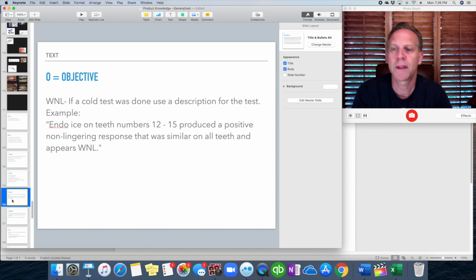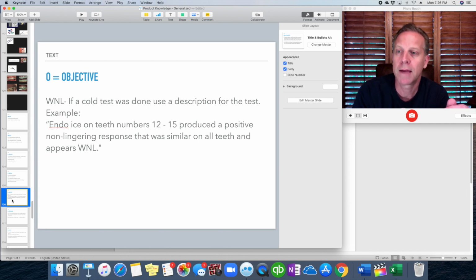Objective. Further, some more on that. If we test something and that particular test is within normal limits, we don't just say within normal limits or WNL. We're going to go ahead and explain what the test was, what teeth we tested, and then we can say what it was.